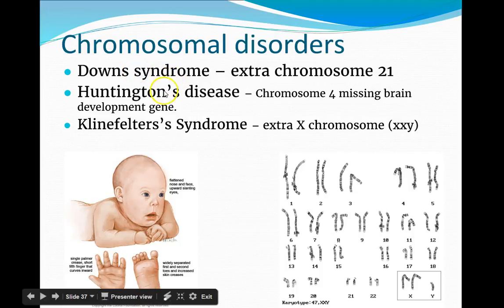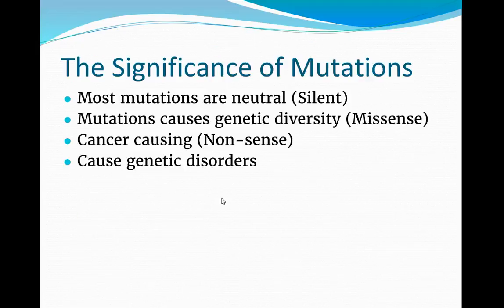If a person is missing chromosome number 4, they're going to have a disease called Huntington's. Klinefelter's is another example where a person has an extra X chromosome. So instead of having an X and Y for a boy, they have an X and X and a Y. So all of these examples are just chromosomal mutations that can be pretty significant to the person that received an extra chromosome or an extra gene.